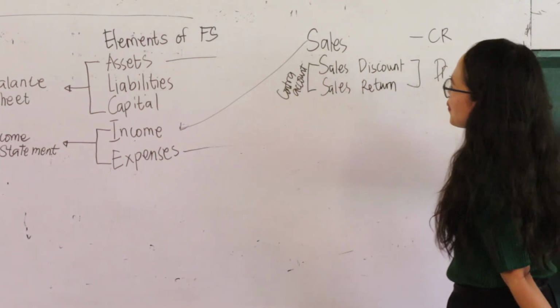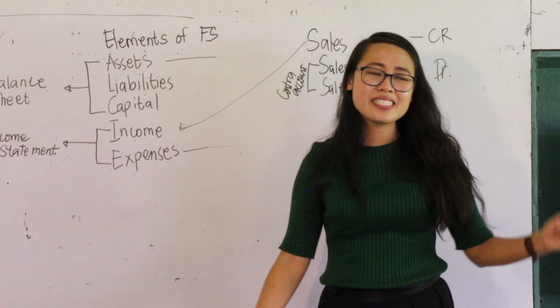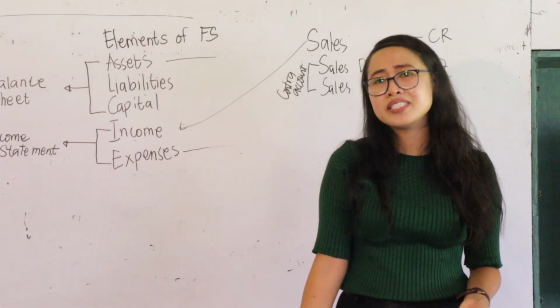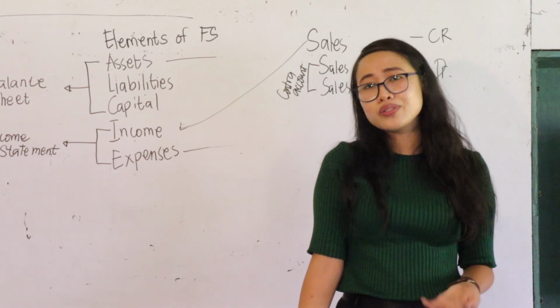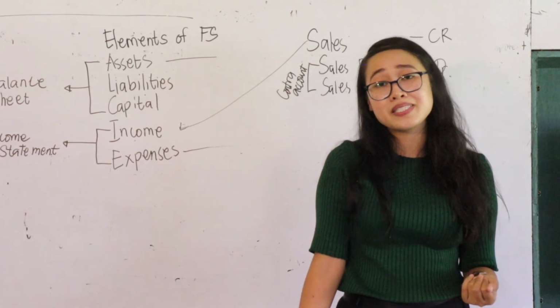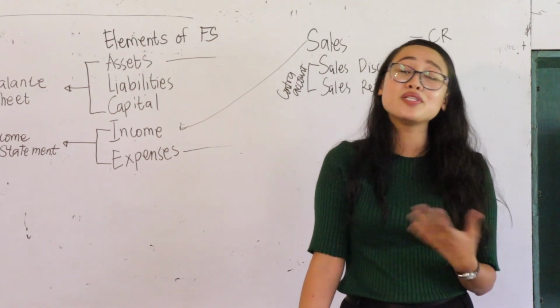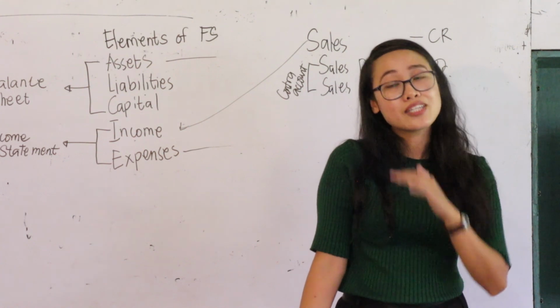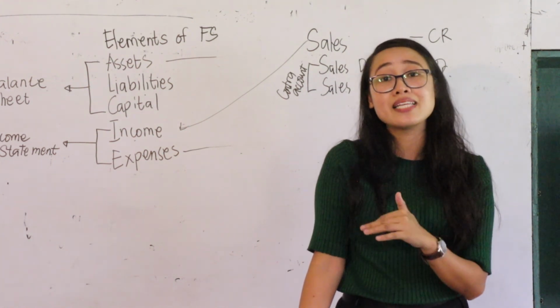Of course, in businesses, not all the sales are kept; some of the goods might be damaged or not in good condition, or have the wrong description or specifications. So the customer will return those goods back to you, and that will reduce the balance of your sales.